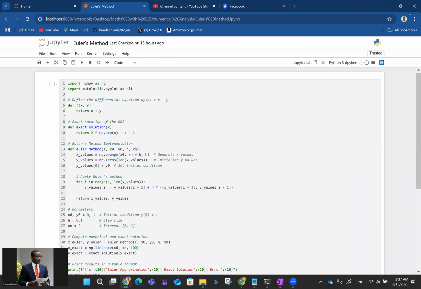Whatever you want to solve in your own case, you can put it there. Then we have the exact solution. In the previous case, we already had the exact solution, something like 2e raised to power x. I think that's the exact solution, right?